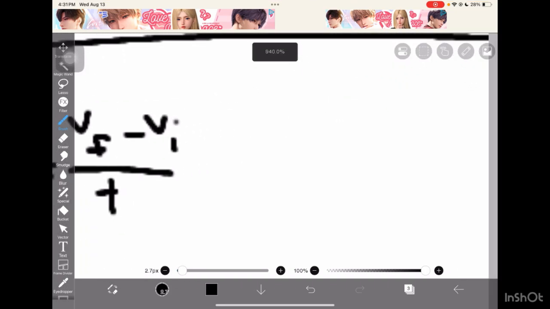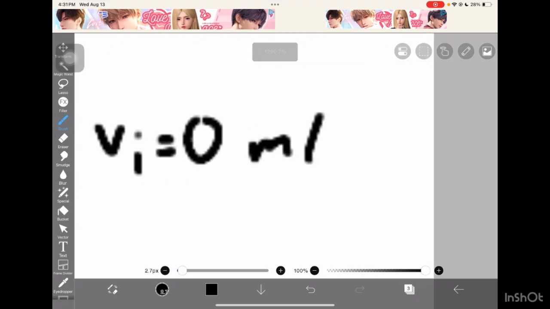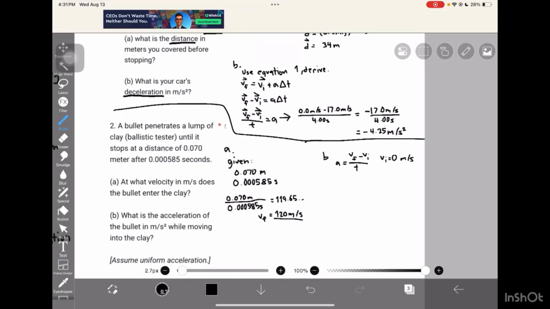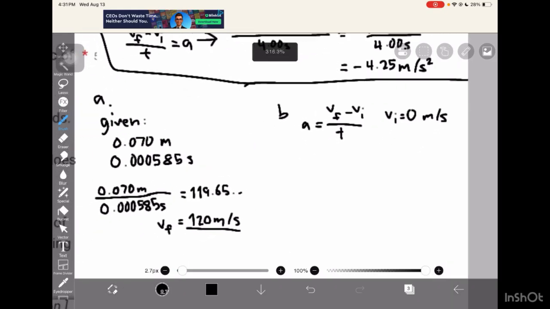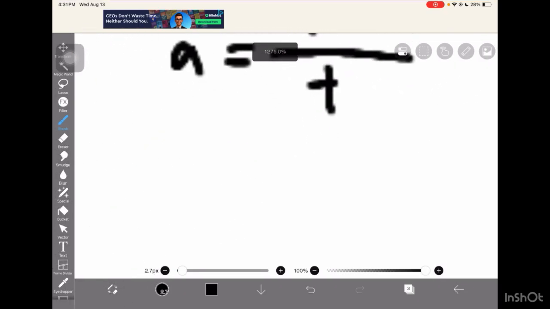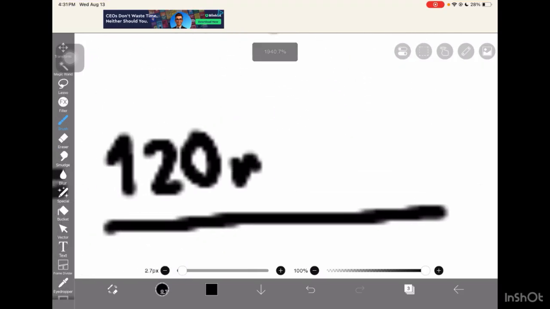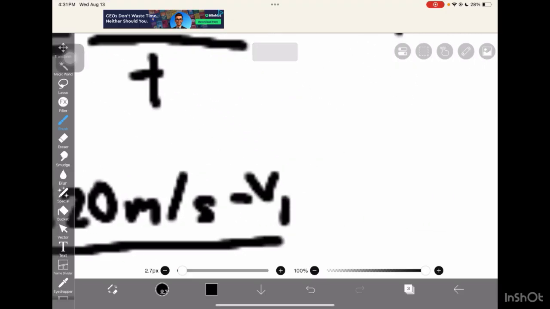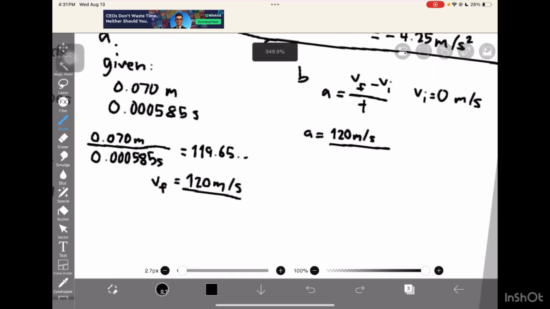But our v sub i is obviously 0, because if you're just holding a gun or a bullet at rest, it's obviously 0. So we put this into our calculation. So a is equal to v sub f, which is our 120 meters per second, minus our v sub i, but we can cancel that because it's 0, so that's over t.